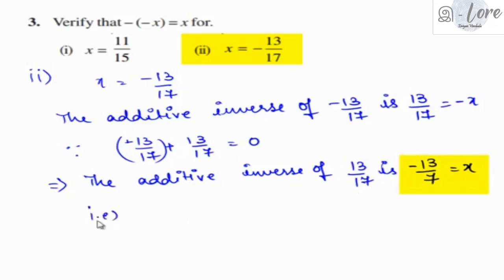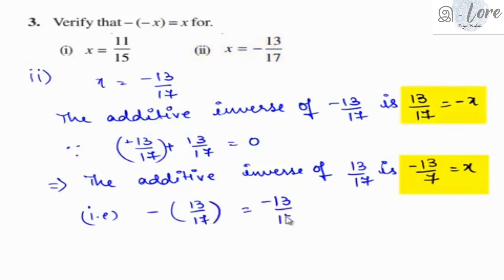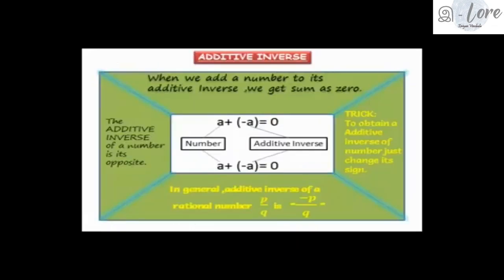Sorry, I mentioned a 7, it's a 17. That is, minus 13 by 17 is equal to minus 13 by 17. Hence, minus of minus x is equal to x. It's verified over here.